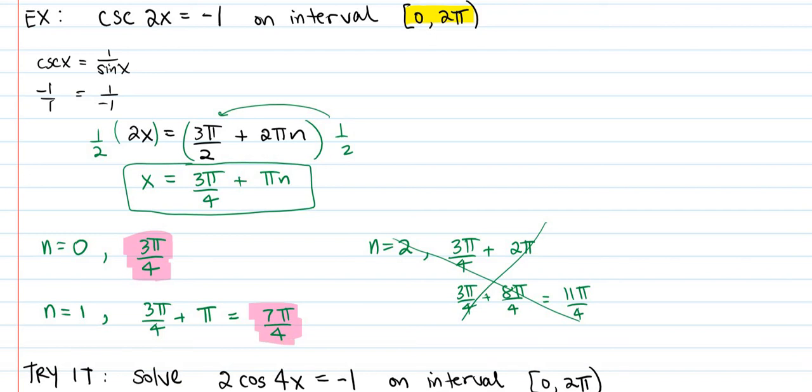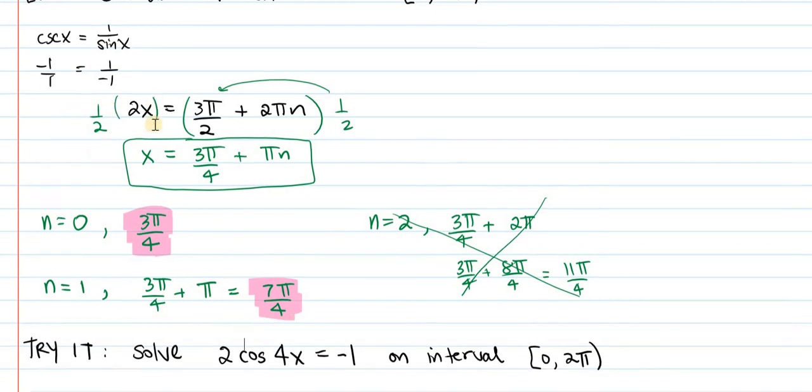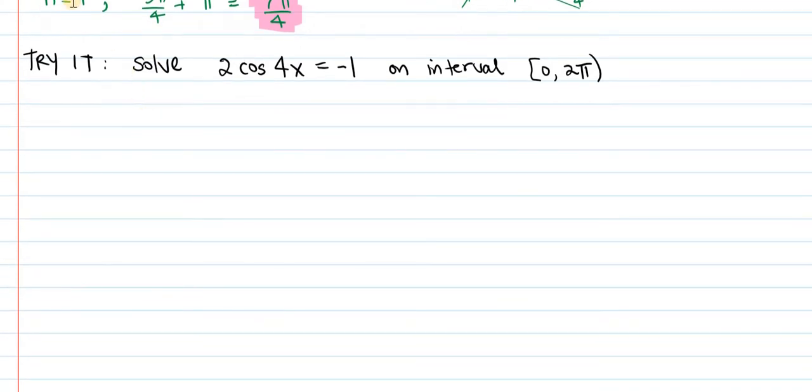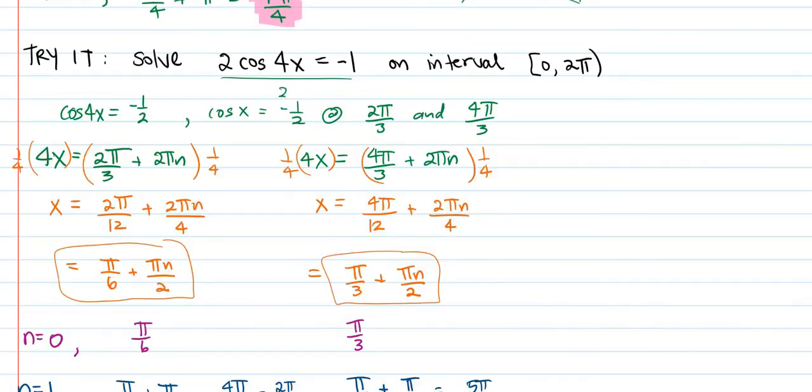All right, why don't you use that knowledge and try this next example? Okay, after you've tried it yourself, you divided by 2 on both sides, and you got cosine 4x equals -1/2. The cosine of x equals -1/2 at 2 pi over 3 and 4 pi over 3.